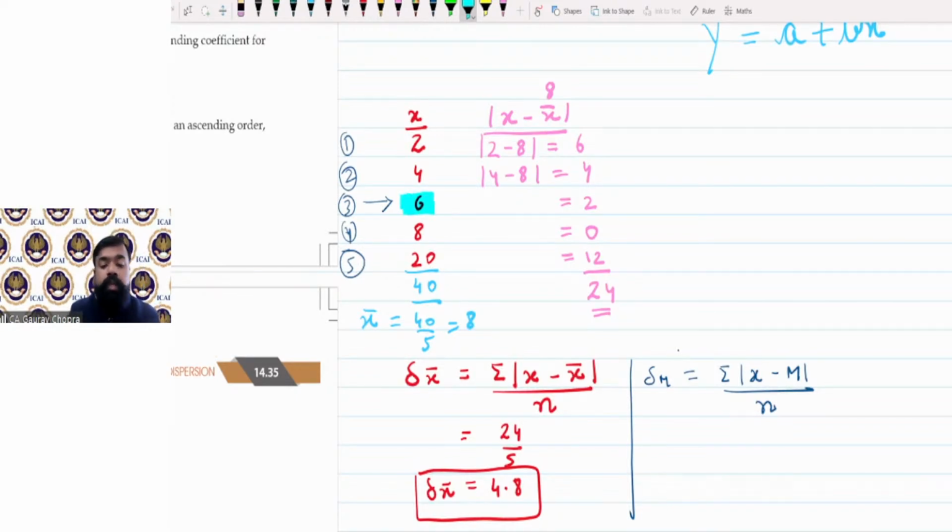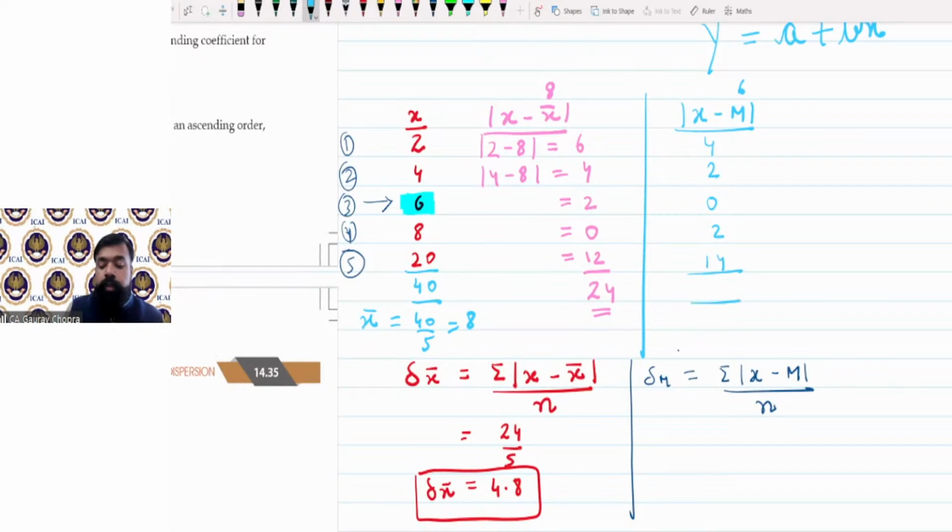Now we can take deviation from 6. Mod x minus m: 2 minus 6 is 4, 4 minus 6 becomes 2, then 0, 2, and then 14.